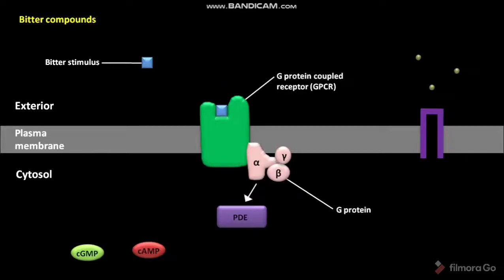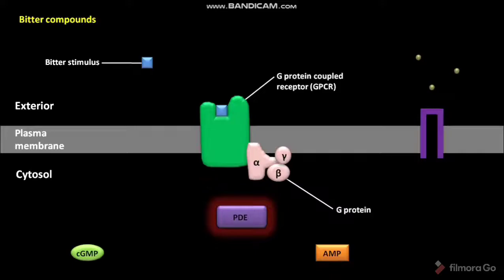The G protein coupled to the GPCR then activates the cytosolic PDE or phosphodiesterase. The cAMP or cyclic AMP then binds with the active PDE. In a PDE catalyzed biochemical reaction, the bound cAMP is converted into AMP or adenosine monophosphate. The AMP is then released into the cytosol.